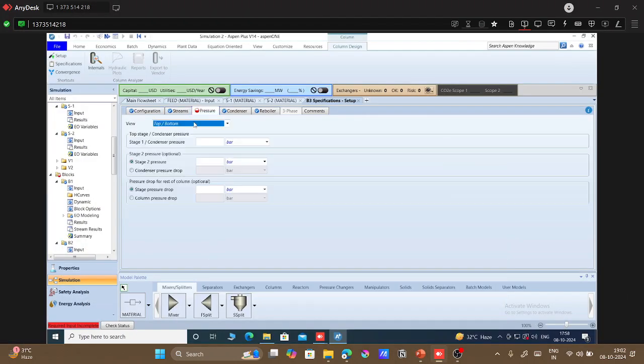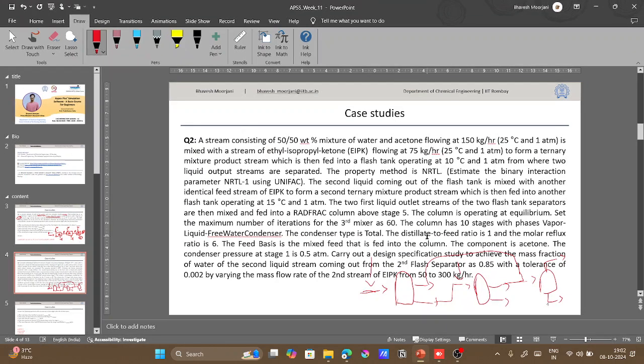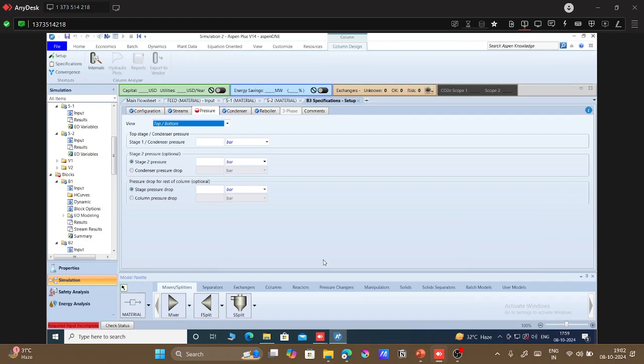That is for the mixture, so we will come again to that also. Pressure value: the condenser pressure at stage 1 is 0.5 atmosphere. So the condenser is operating at 0.5 atmosphere.